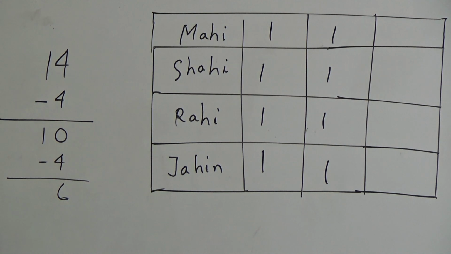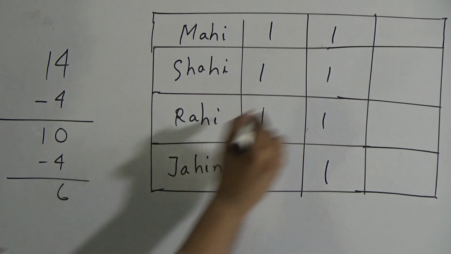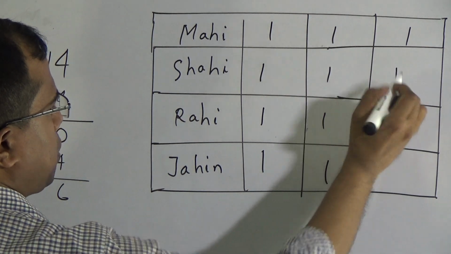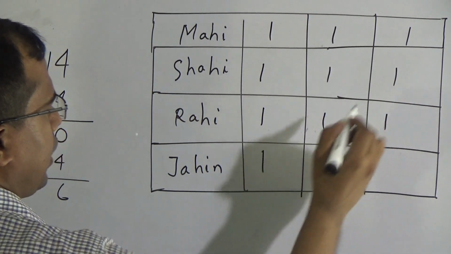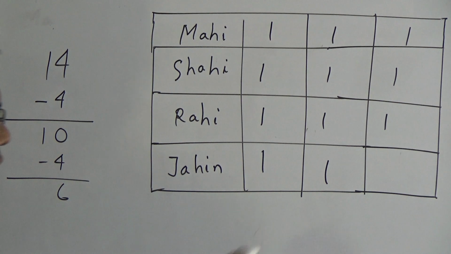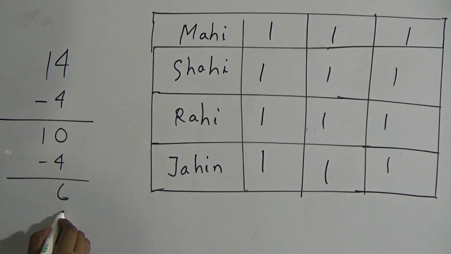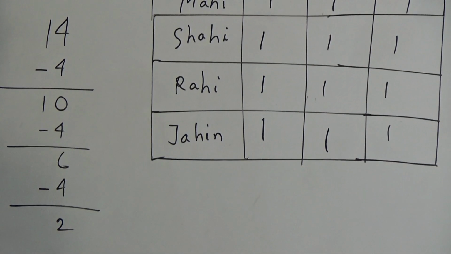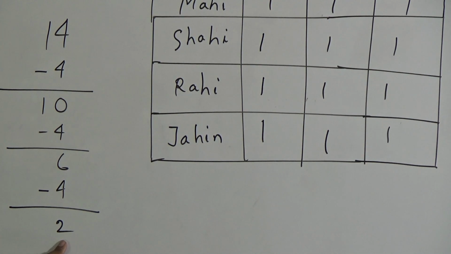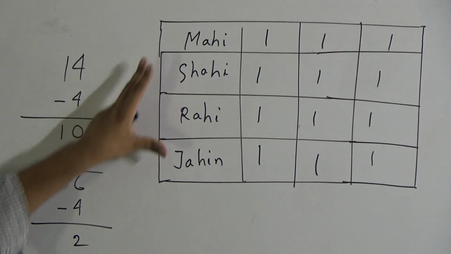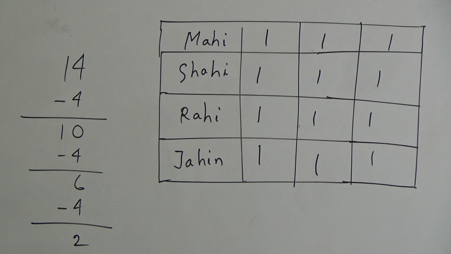In the third step, again I will give 1 chocolate to Mahi, 1 chocolate to Shahi, another 1 chocolate to Rahi and 1 chocolate to Jahin. In the third step also I have given 4 chocolates among my students. Now 6 minus 4 equals 2. Now I have only 2 chocolates. There are 4 students but I have only 2 chocolates.